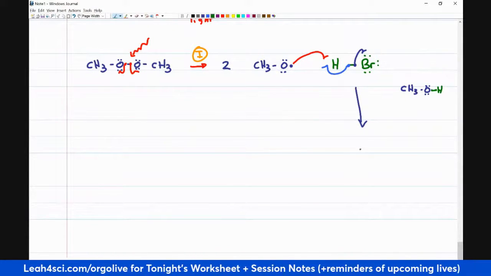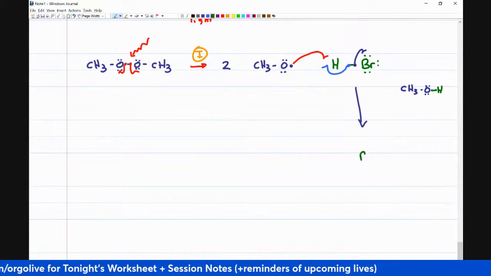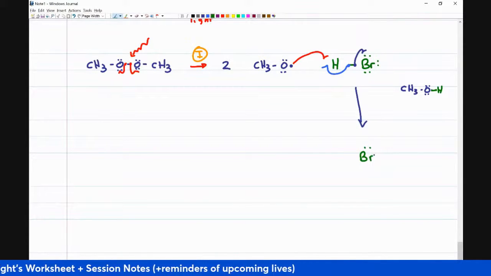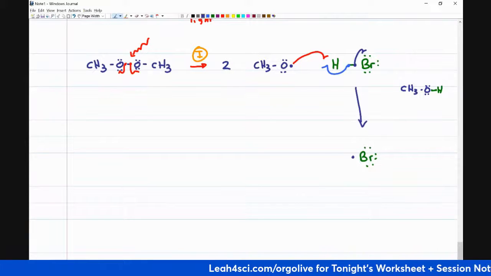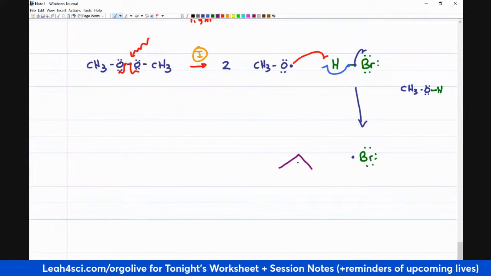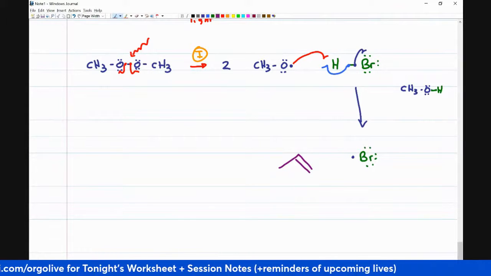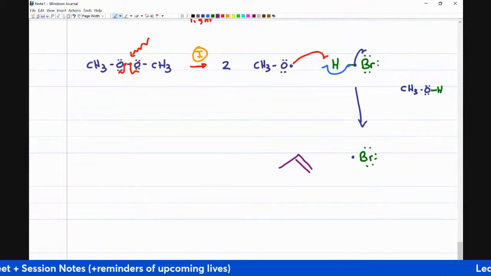What I do care about is the fact that I now have a bromine by itself with a radical. And this bromine is very, very unstable. So unstable that when it happens to come across a molecule with a pi bond, it will attack the pi bond because it wants to not be alone.